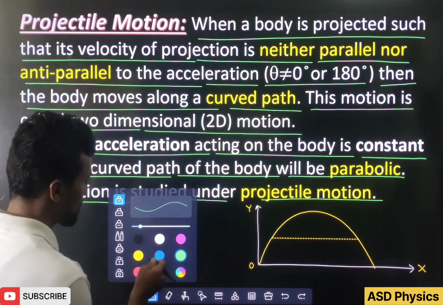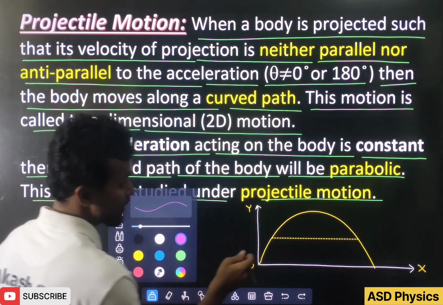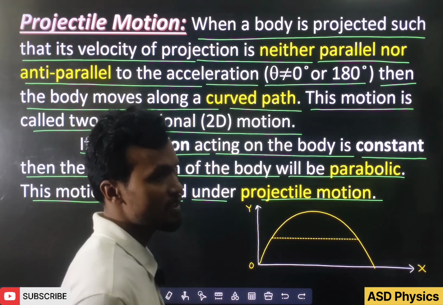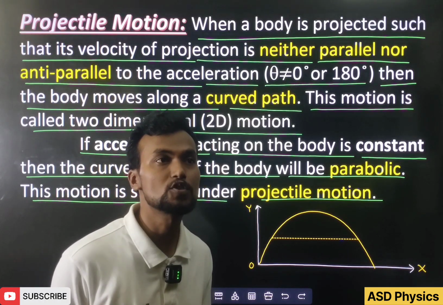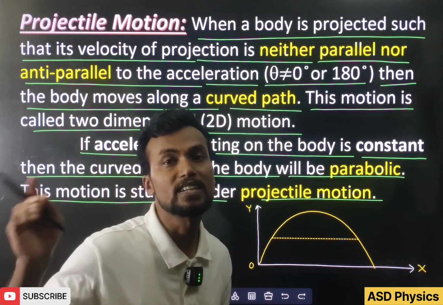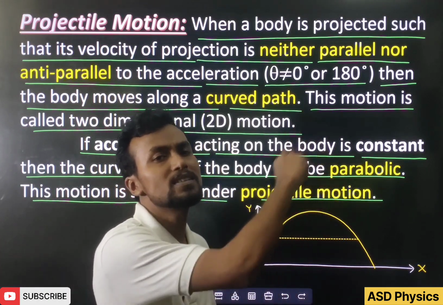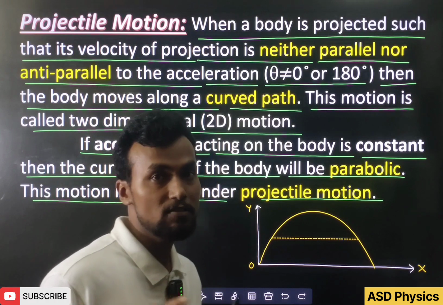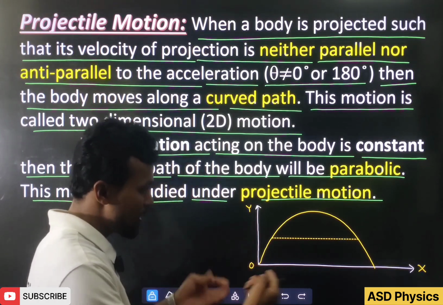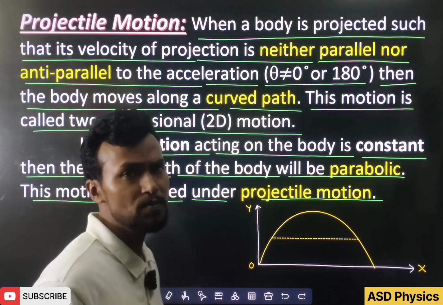Examples of projectile motion: a cricketer hits a six, a footballer hits the goal, or we throw a stone not vertically but by making some angle. Then the path of the projectile will be parabolic, when the acceleration is constant.